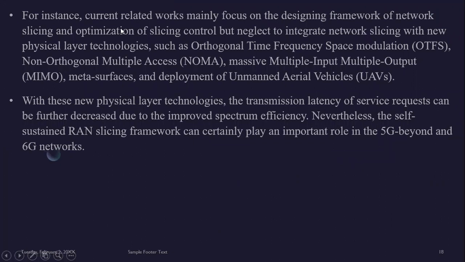For instance, current related works mainly focus on designing frameworks of network slicing and optimization of network control, but neglect to integrate network slicing with the new physical layer technologies such as orthogonal time frequency space modulation, which is called OTFS, non-orthogonal multiple access (NOMA), massive multiple input multiple output, that is MIMO, metasurfaces, and deployment of unmanned aerial vehicles, that is UAVs.